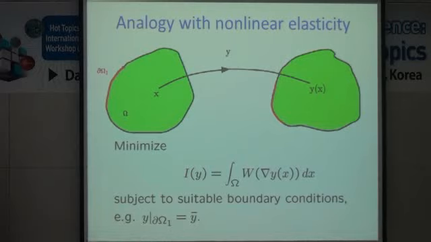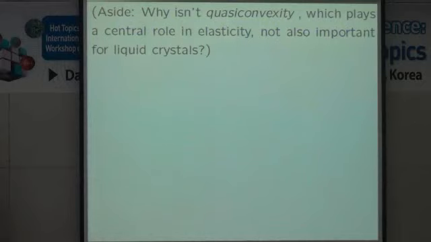Now in multidimensional problems of the calculus of variations, convexity with respect to the gradient is not a natural condition. The natural condition is something much more complicated and much less well understood, but more general, which is quasi-convexity. It's quasi-convexity that plays a role in nonlinear elasticity, and it's a bit strange to me that it doesn't play a role in liquid crystals, where mathematically you would really expect it to. Okay, so I know that's just a kind of aside.